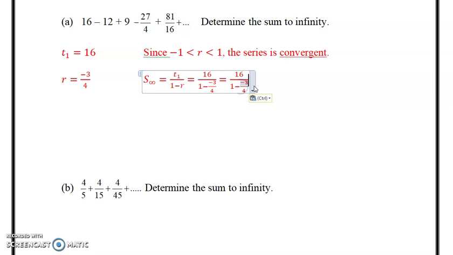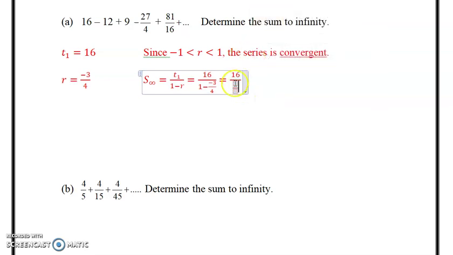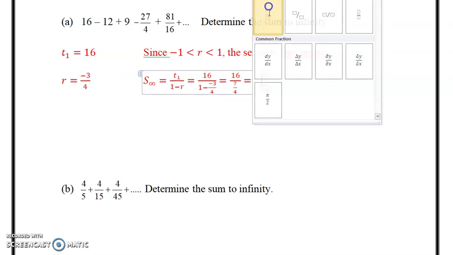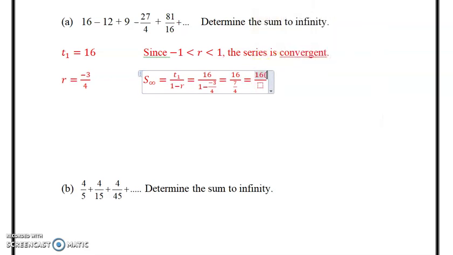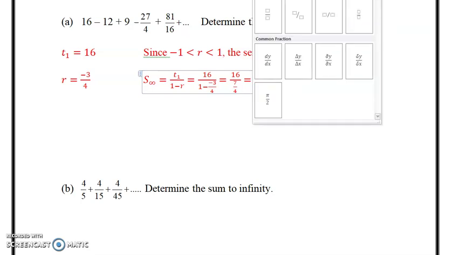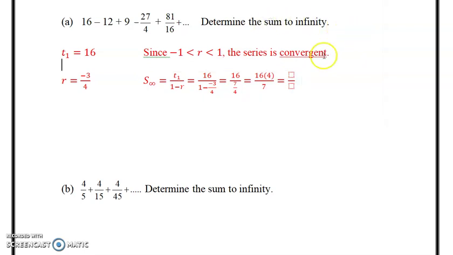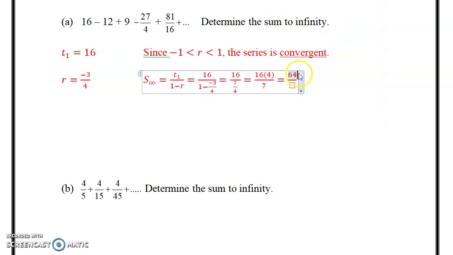So that denominator is going to be 1 add that, we end up with the denominator of 7/4, right? 1 plus 3/4. And that's going to equal 16. And when we divide by a fraction, we multiply by the reciprocal, so it's 4/7, which is equal to 64/7.